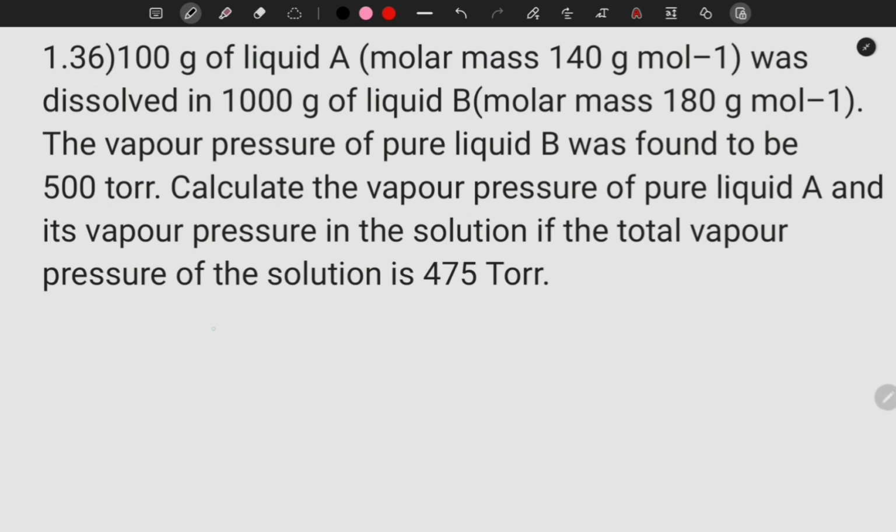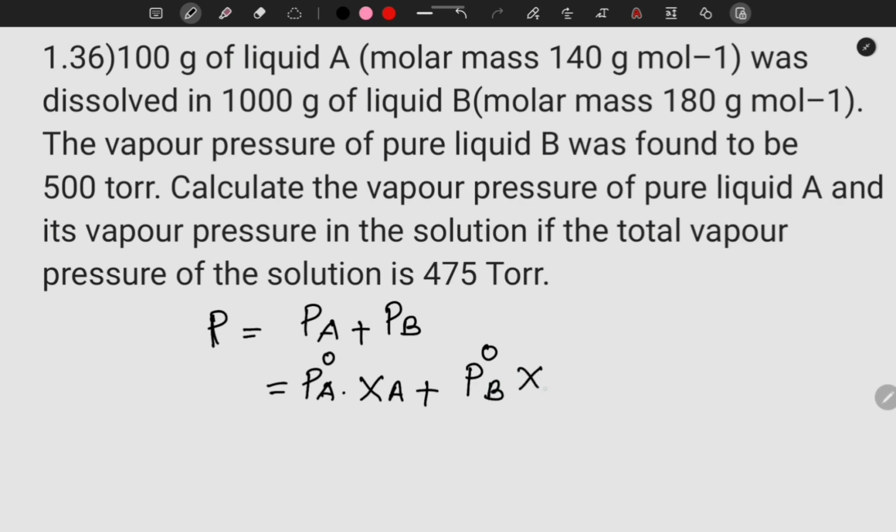We know according to Raoult's law the total pressure P is equal to PA plus PB, that is equal to P0A chi A plus P0B chi B. So first let us calculate the mole fraction of any one component.